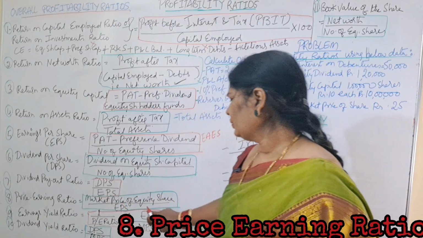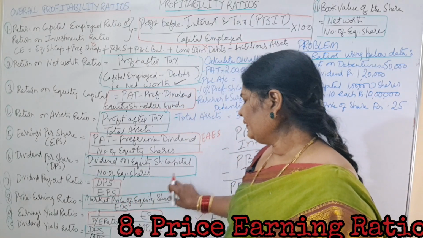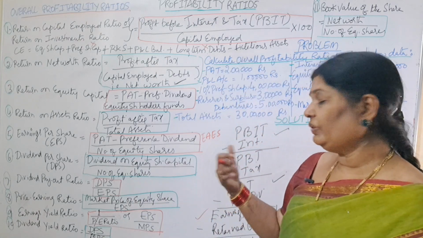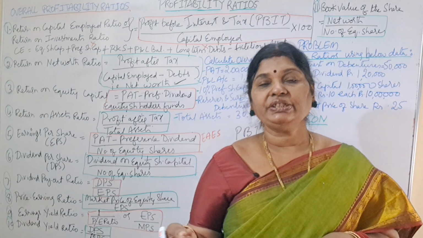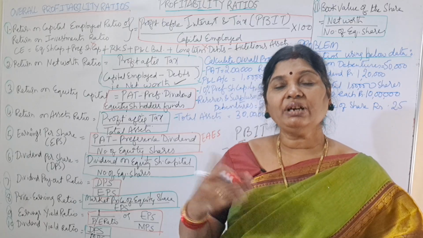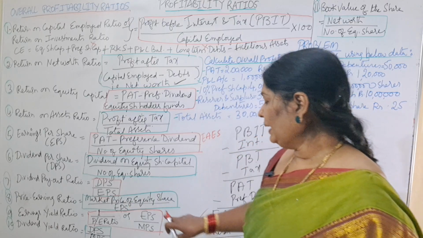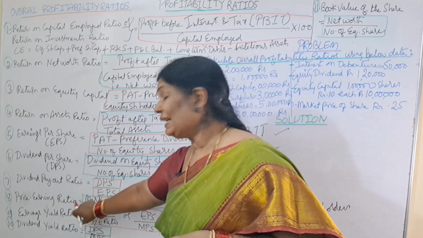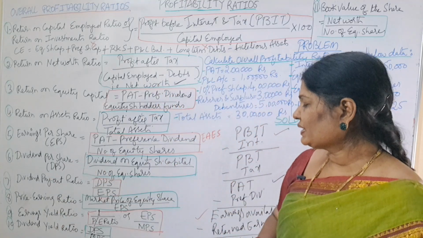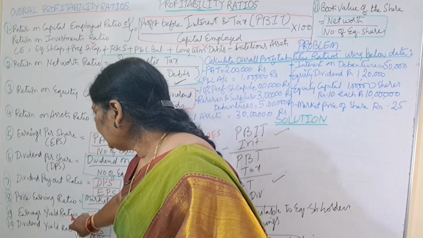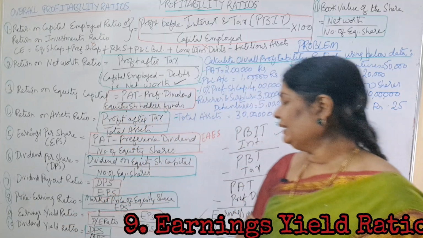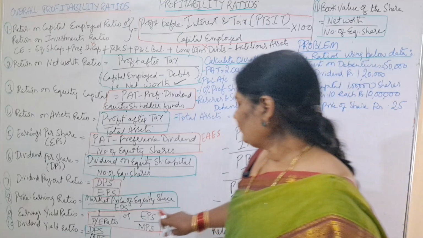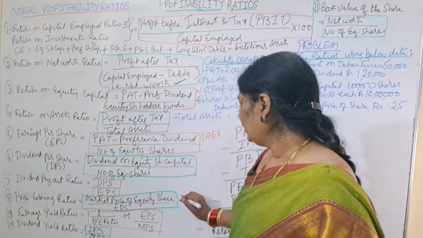Next, price earning ratio. Market price of equity share divided by EPS. Market price of equity share means the price at which the share is quoted in the market. So market price of share divided by EPS gives the price earning ratio. Next, coming to the ninth one, earnings yield ratio. What's the formula for price earnings ratio?